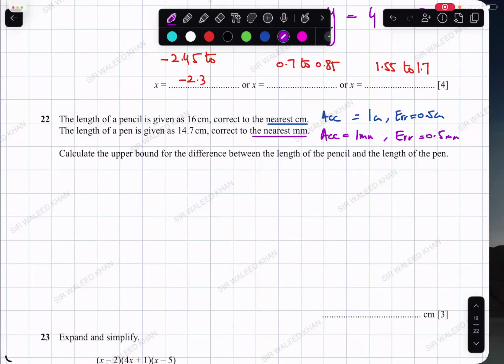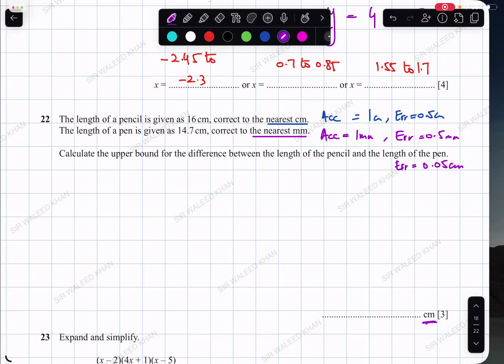Okay. So I can convert the error to centimeters as well, dividing it by 10, so that I can use the same units. You can see the answer is in centimeters, right?